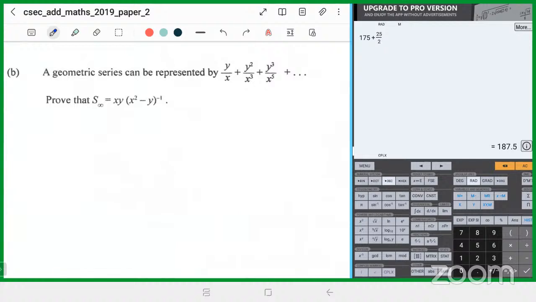I've got the sum to infinity equal to y over x over 1 minus y over x squared.